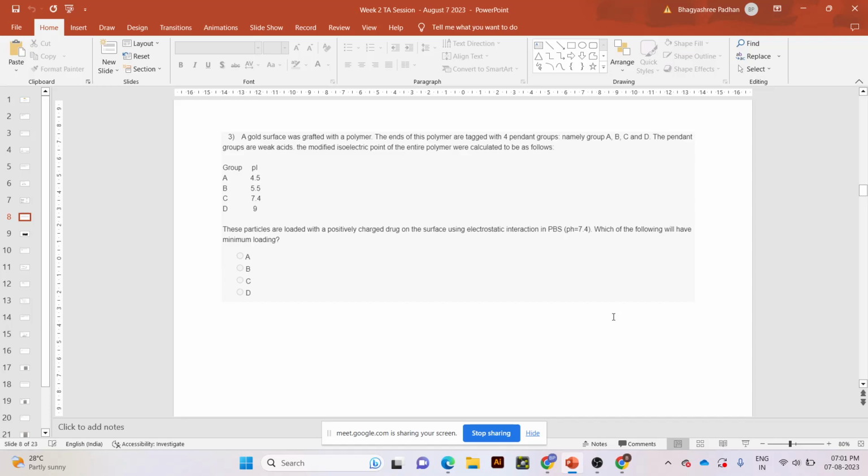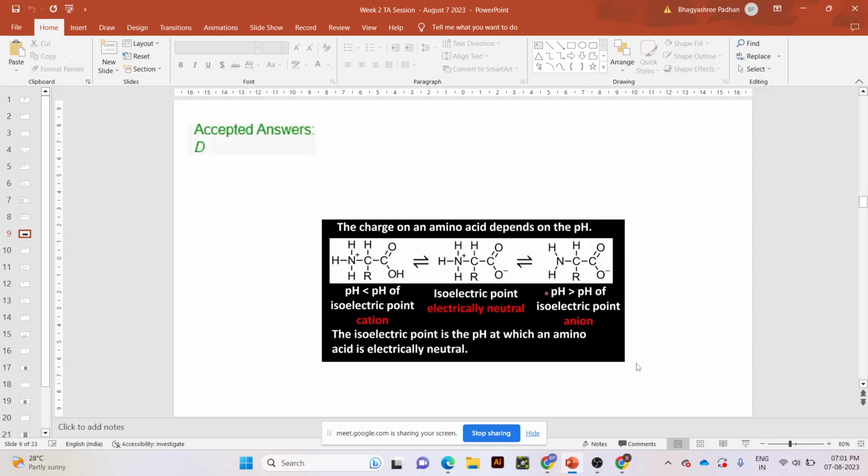So the correct answer is D. D has an isoelectric point of 9, and this is greater than the pH, which is 7.4. At the isoelectric point the charge is neutral, but at a pH less than the isoelectric point it is positively charged, and at a pH greater than the isoelectric point it is negatively charged.